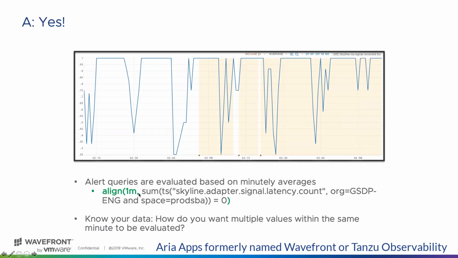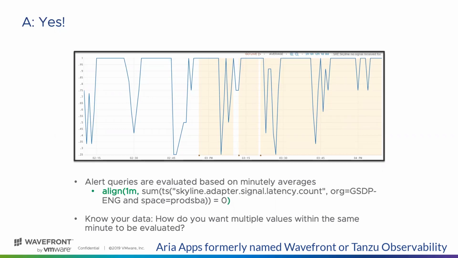So what Wavefront was actually seeing for each minute was the average value of the 4 data points that existed within that minute. And within each minute, there was at least one of those data points which did meet the condition. Therefore, when you averaged it out, the condition across the 60 minutes never actually reached 0.